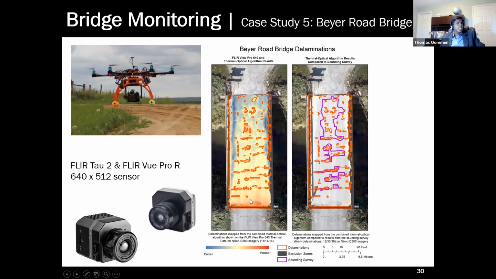So in this case, we can see in the bridge, there were areas that were heating up faster and areas that were slowly heating up. And what we found was these areas that are heating up faster are areas where there is delamination happening. And this is basically the concrete peeling off and creating air pockets underneath. Because of those air pockets, there is heat being trapped at the top. So you have higher heating.